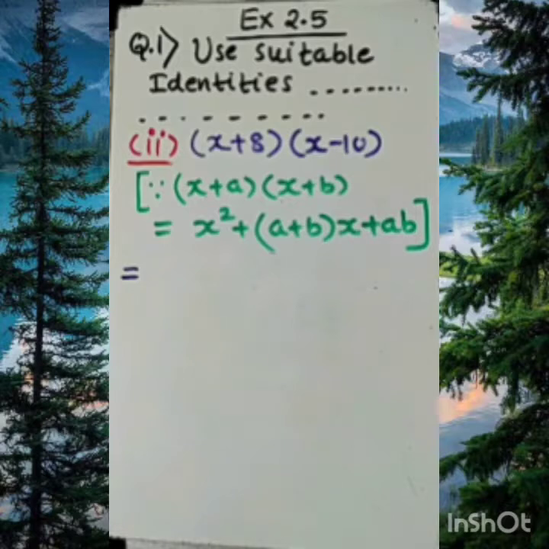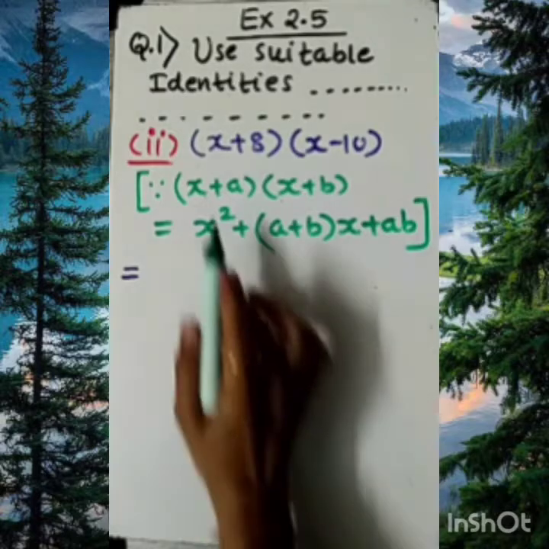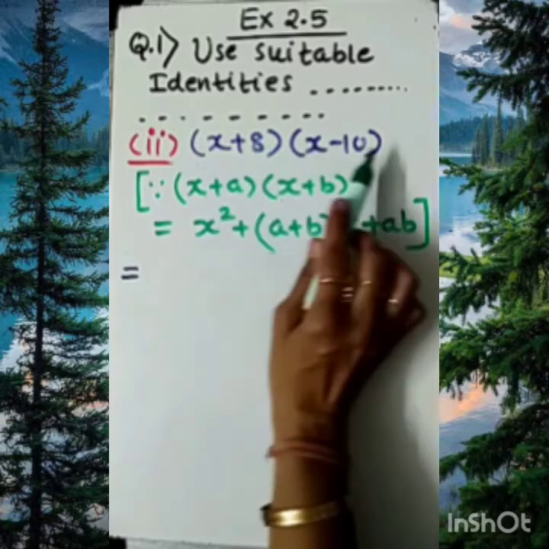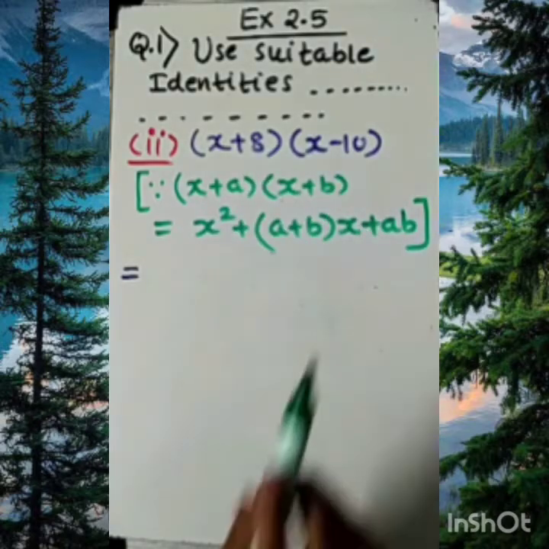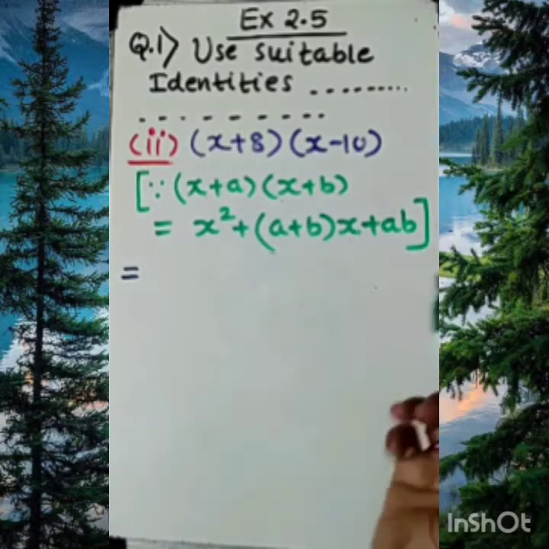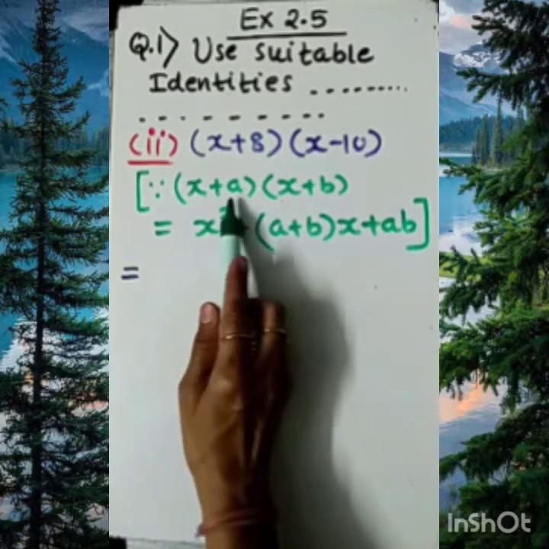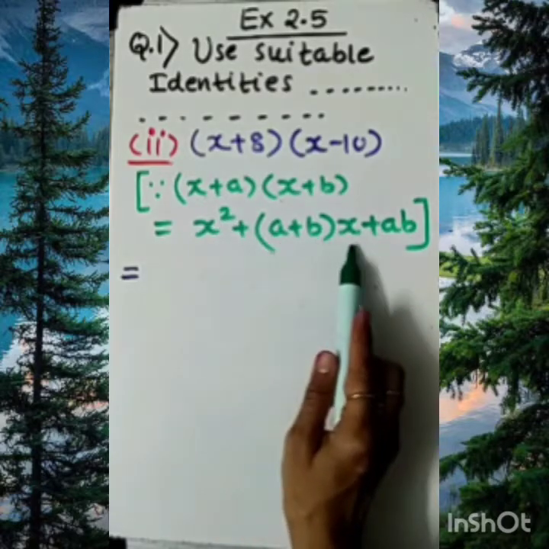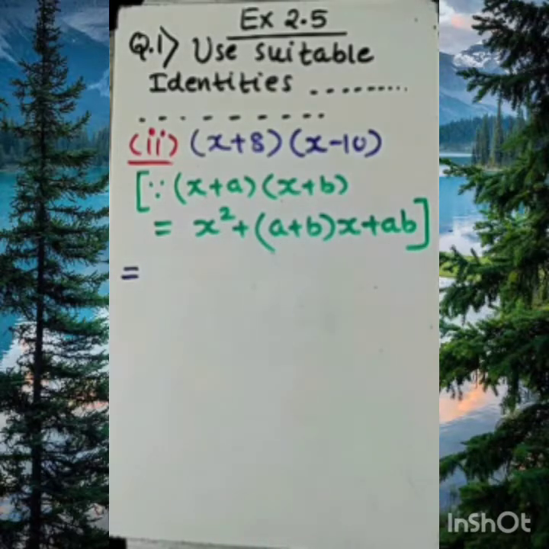So the second question is here in front of you, that is (x plus 8)(x minus 10). The first term is similar, but the second term in both the brackets is different. So in such a case, we need to apply the useful identity. What is our useful identity? (x plus a)(x plus b) equal to x square plus (a plus b) x plus ab. Clear to you?